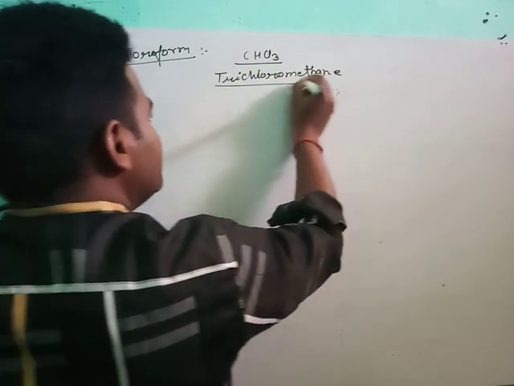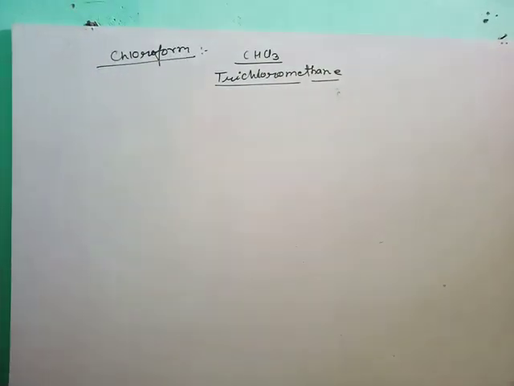Trichloromethane is commonly called chloroform, and the lab method of chloroform can be explained on the basis of the following steps.